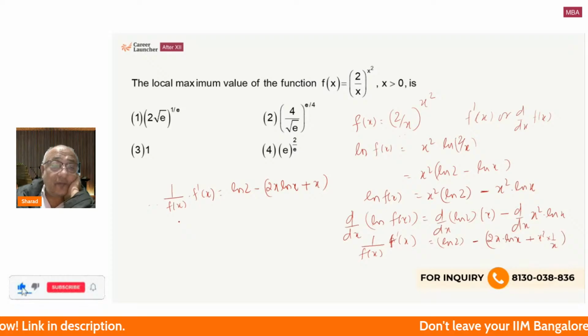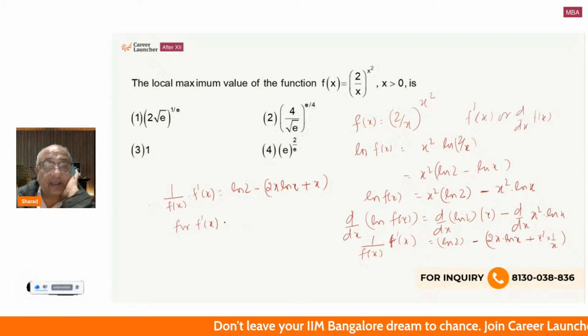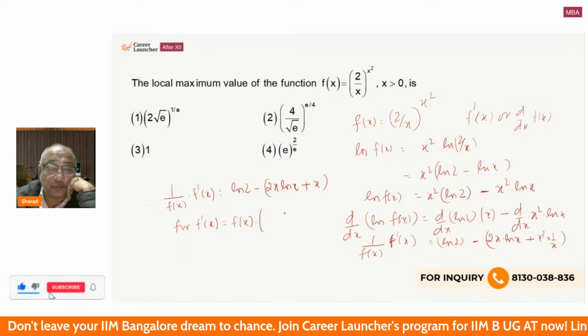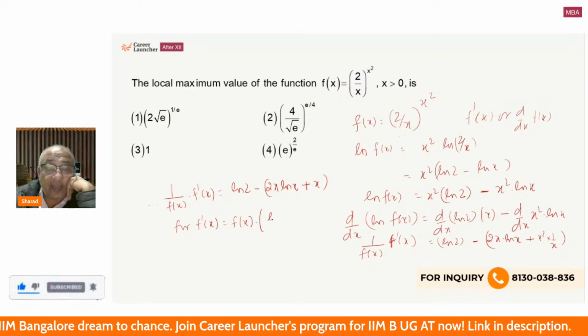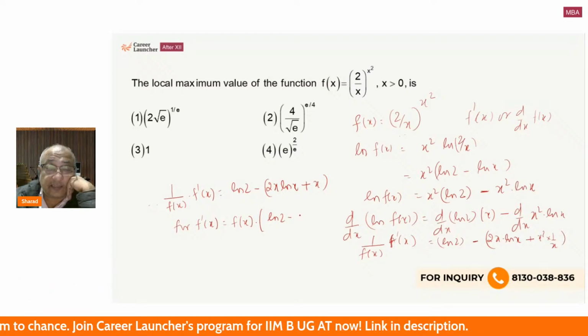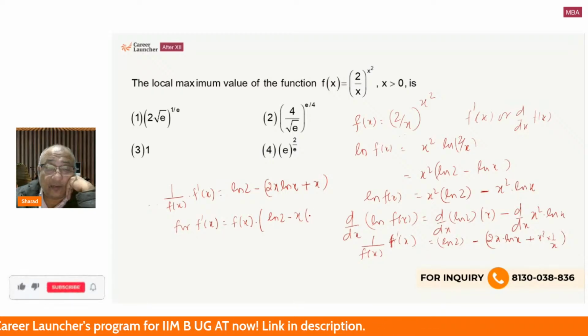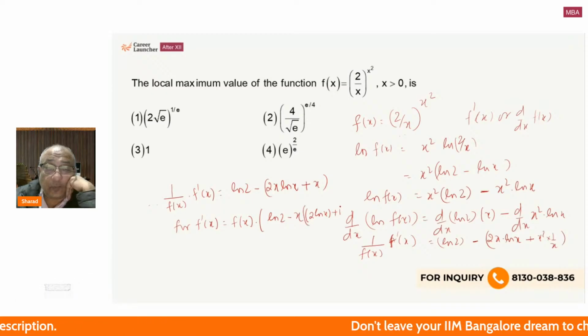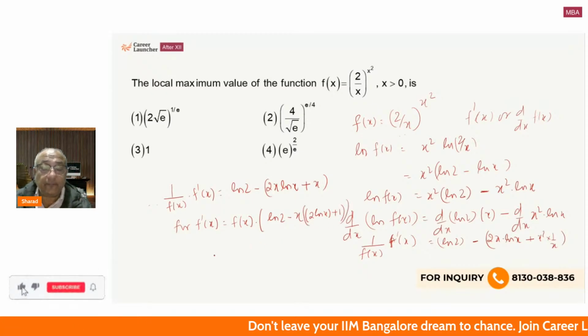Okay. Now for this f dash x, I will write it like this: f(x) into ln 2 minus x common, 2 log x plus 1. Okay, right?